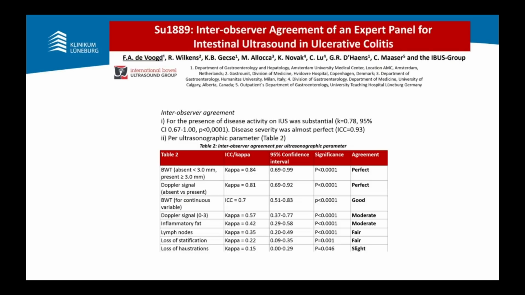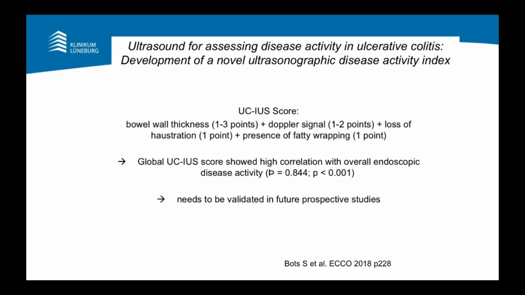The next question is, do we actually have a score for assessing disease activity? Stephen Bots and colleagues from the Amsterdam group developed an intestinal ultrasound ulcerative colitis score, which considered bowel wall thickness, Doppler signal, loss of haustration, and presence of fatty wrapping, and the global IUS score showed high correlation with overall endoscopic disease activity.